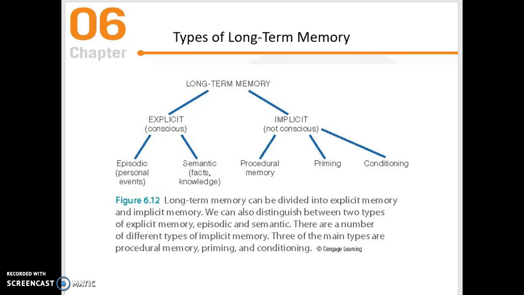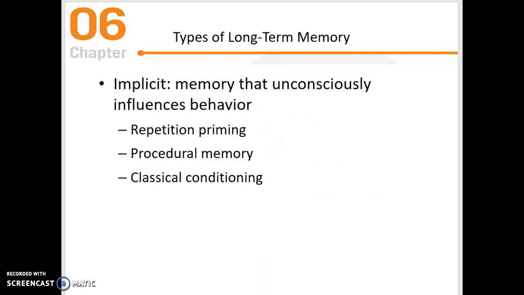In your explicit memory, you have the episodic and semantic memory that we've been speaking about. And then in the implicit category, you have procedural memory, priming, and conditioning. So repetition priming is when you might have seen something before, but you're not necessarily attending to it.